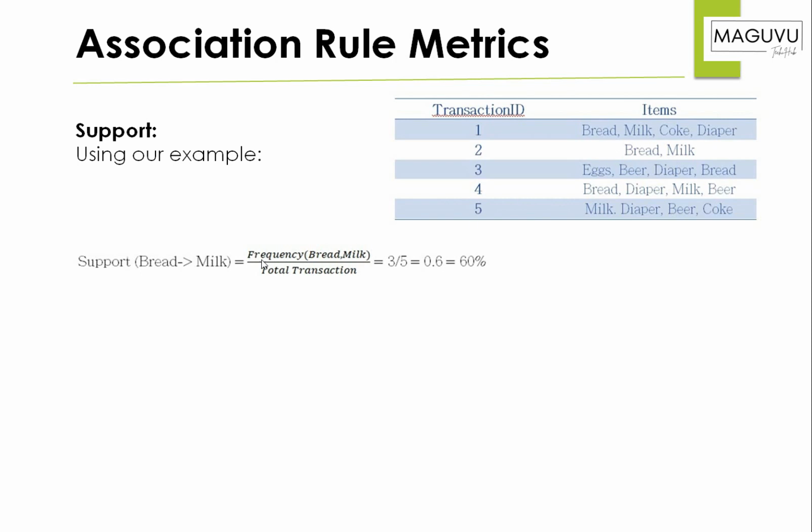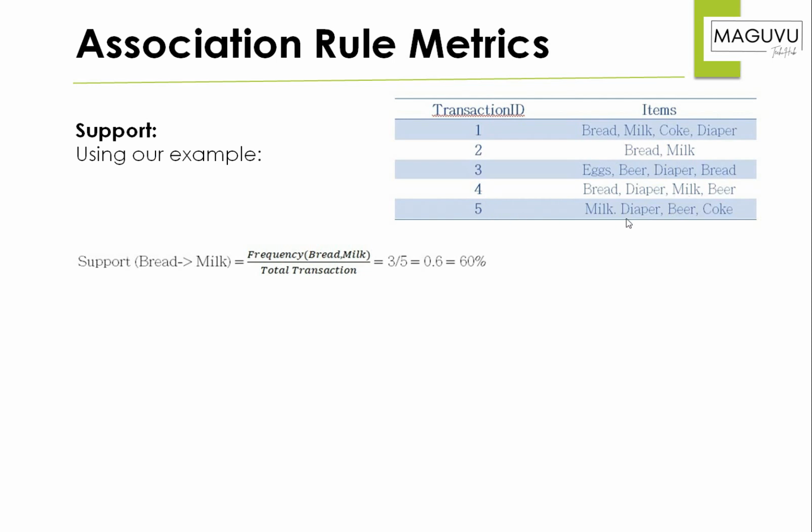The formula says the frequency of bread, milk divided by the total number of transactions, which is n. In our first transaction, bread and milk appear together. That becomes 1. Second transaction, bread and milk also appear together. That becomes 2. In transaction number 3, we don't have milk. Transaction number 4, bread and milk appear together, making it 3.